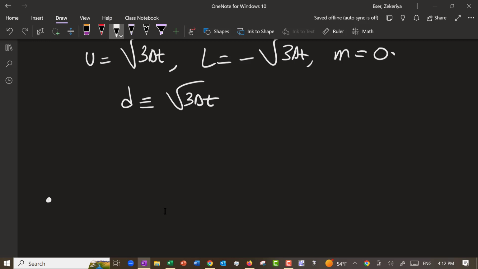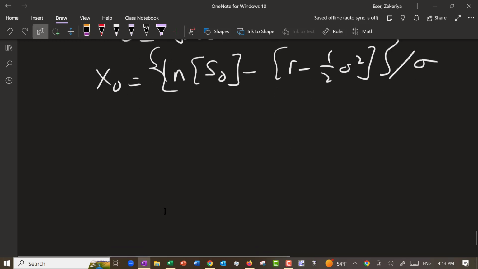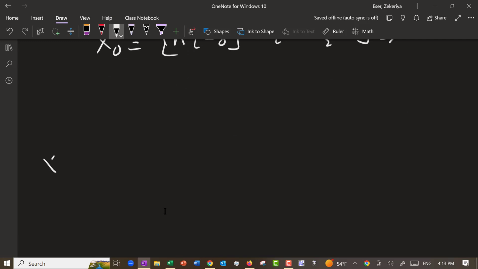So if we construct the X tree, this is X0, then I apply that transformation to the current price. Remember, X0 is log of S0 minus r minus 1/2 sigma squared, which is something we can easily calculate in Excel or VBA. So whatever that X0 is, let's start here.